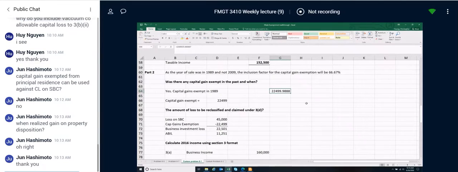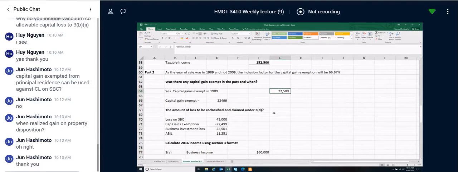So if I divide it by 66.67% and I gross up, that says in the past, I must have had a 22,499 or 22,500 capital gain in 1989 in order to say 15,000 is taxable.